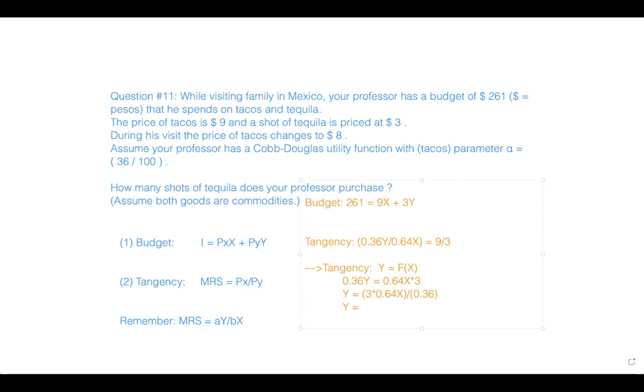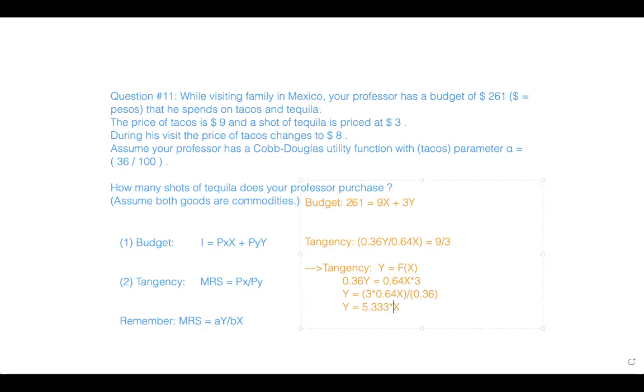So 3 times 0.64 is 1.92. And then if I divide that by 0.36, I get 5.33x. Okay, so does that make sense, William?